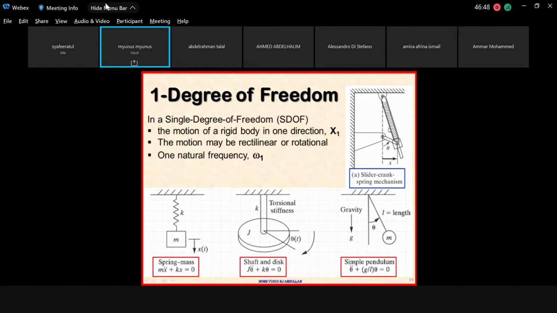It is in the syllabus, but not in our topic. So we are going to cover this, but more work on spring and mass and also simple pendulum. For the shaft and disc, only an introduction or overview. This will be covered later in the optional course subject.